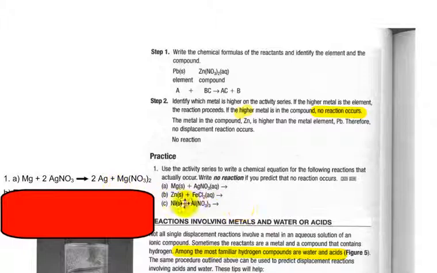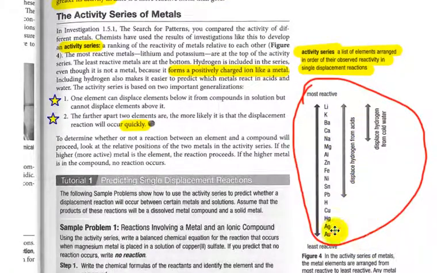Okay. Zinc and iron 2 chloride. Now we know this is iron 2 chloride because chloride is 1-. Since we need 2 of them to balance 1 iron, it must be iron 2. But anyway, we're just simply looking at the metals. Does zinc replace iron? So go back to here. Zinc is right here. Replace iron.